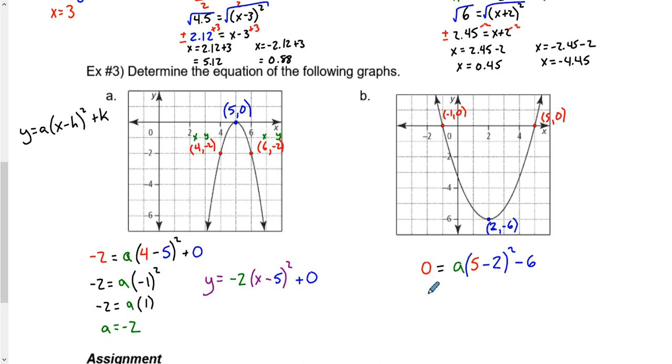Let's see. So 0 would equal our a value. 5 subtract 2 is 3. Subtract 6. So add the 6 to both sides. Keep the colors as much as possible.